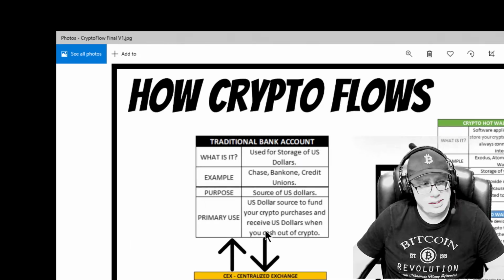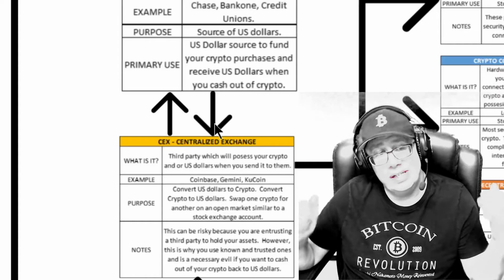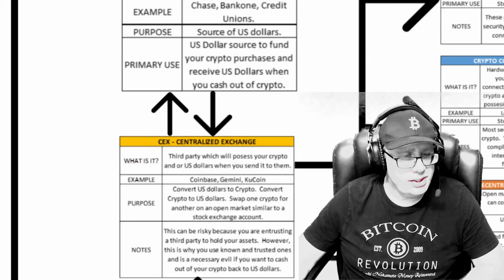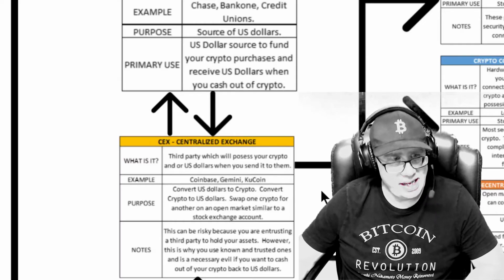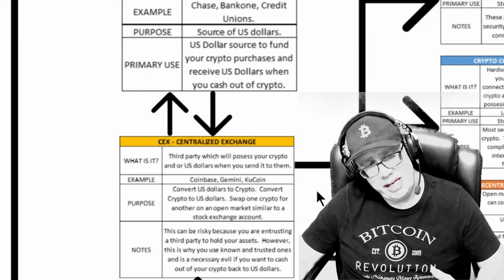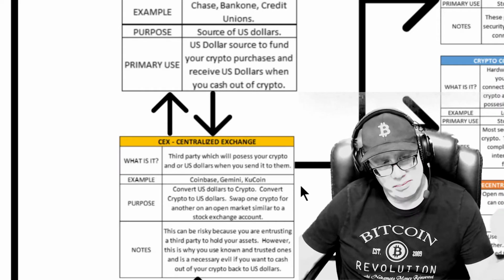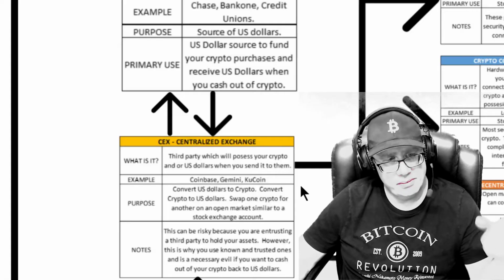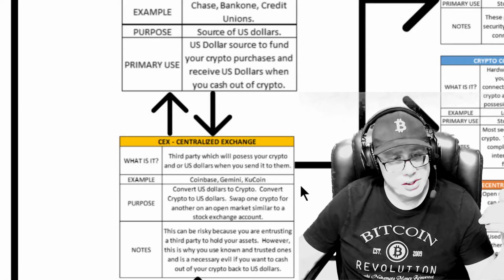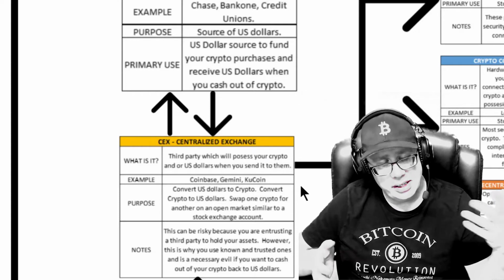Next, as the arrow flows down, we have what is known as the Centralized Exchange, or CEX. What is it? This is a third party which will possess your crypto and or US dollars when you send it to them. Examples would be Coinbase, Gemini, KuCoin, Binance, Binance US. Purpose: convert US dollars to crypto, convert crypto to US dollars, and swap one crypto for another on an open market similar to a stock exchange.